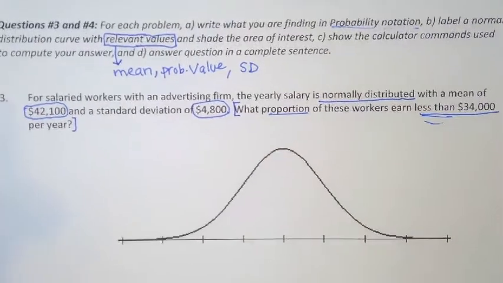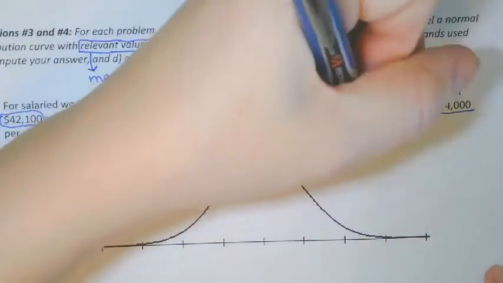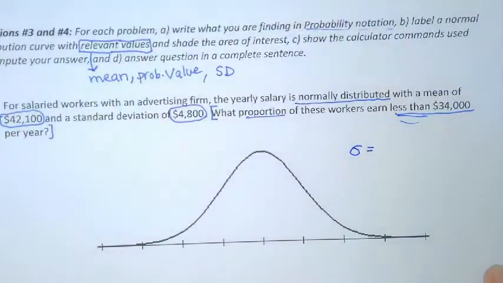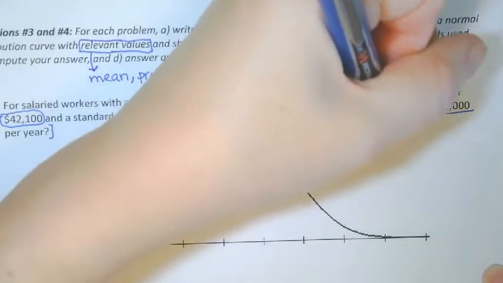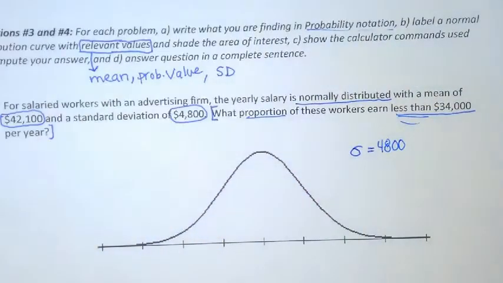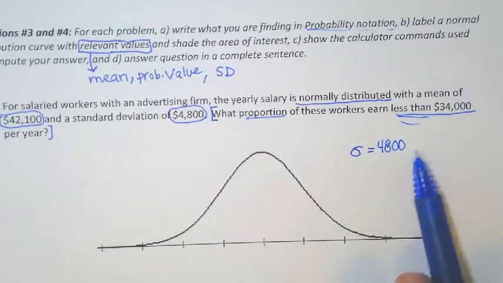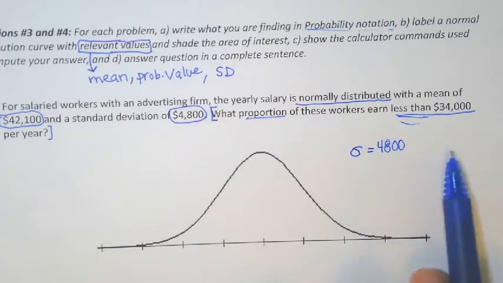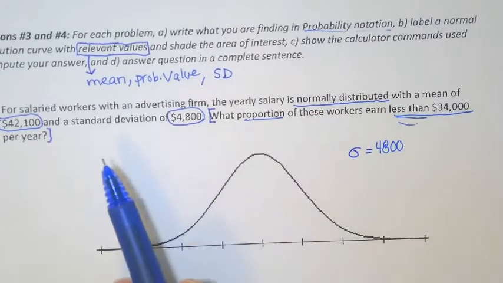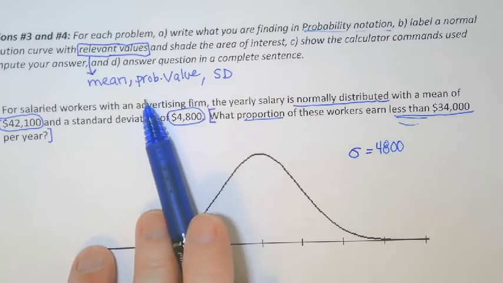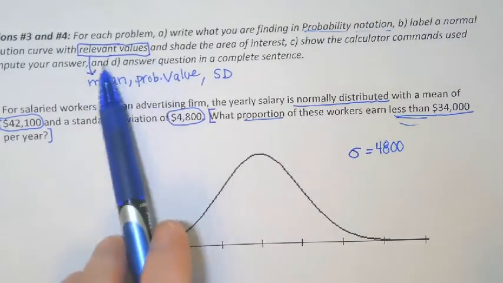So that would look like this: I'm going to write by the curve that sigma, or each standard deviation, has a value of 4,800. That would be the minimum for the standard deviations. If you wrote that in, labeled the mean, and the value you're finding the probability of, that would get you full credit for labeling relevant values.